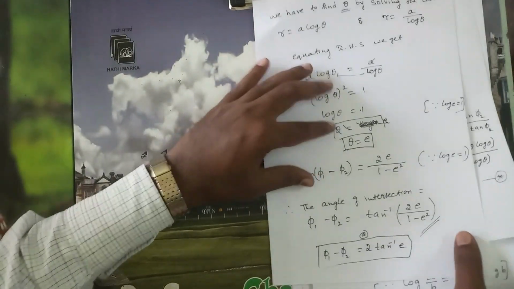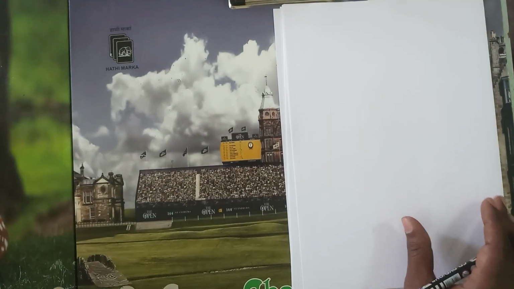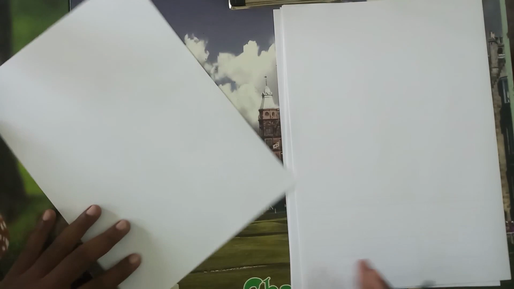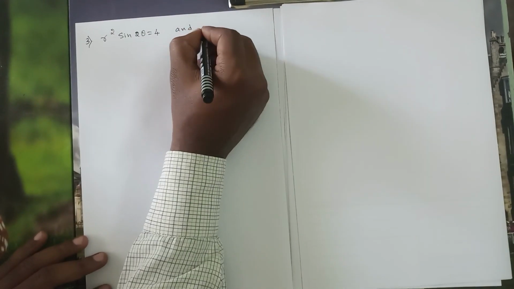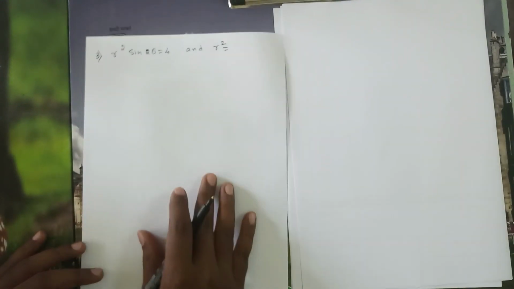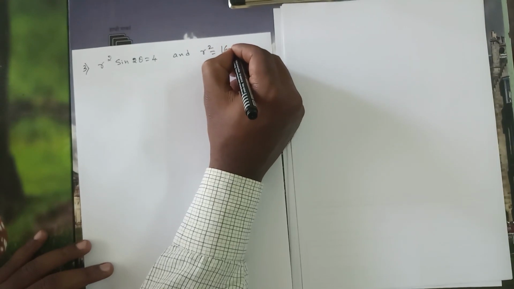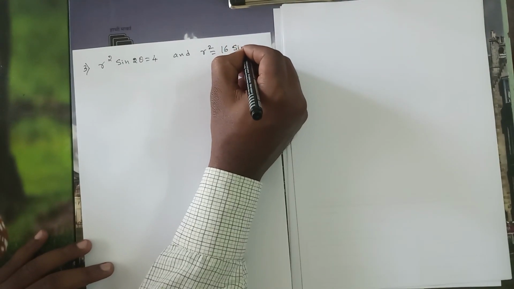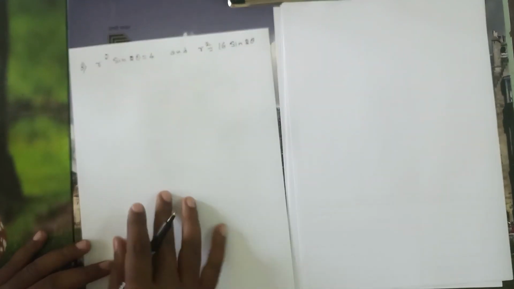Next problem. r square sine 2 theta equals 4, and r square equals 16 sine 2 theta.